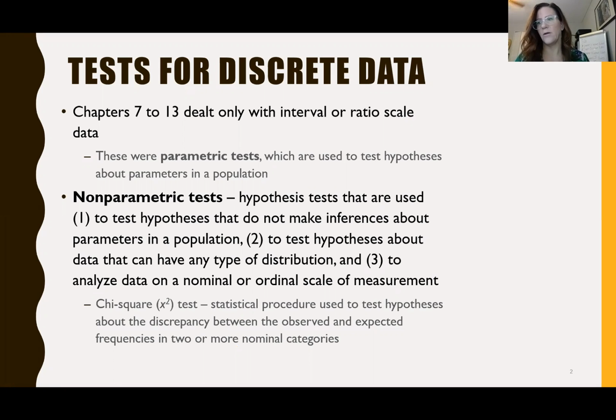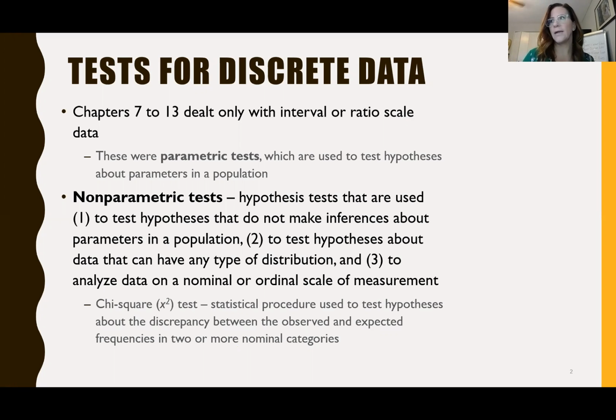So in your previous chapters of inferential testing, for the dependent variable we were using interval or ratio measurement scales for the data, which is continuous data. These are called parametric tests because we're testing hypotheses about the parameters in a population.